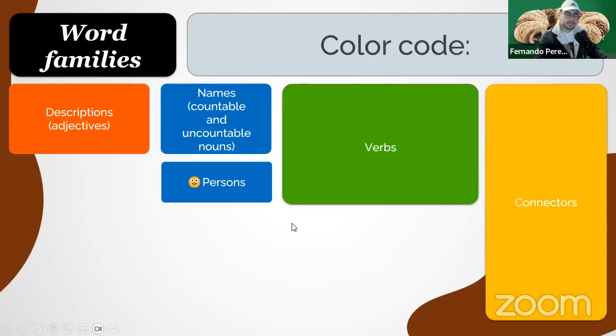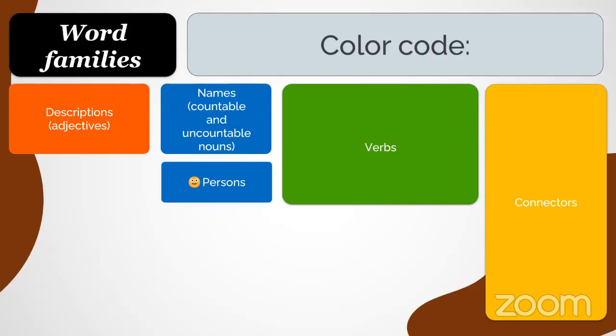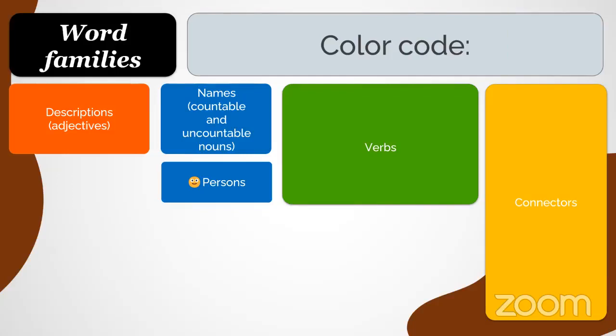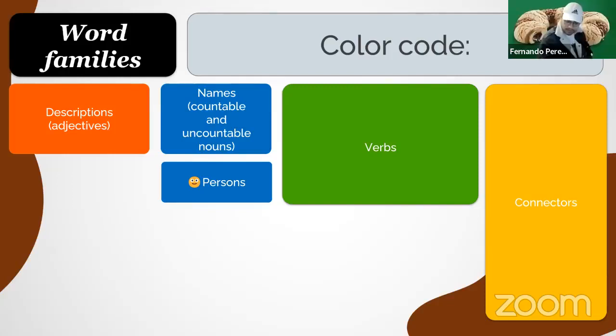Color yellow is used for connectors such as in, on, at. Another example of a connector? In. To. Very good.